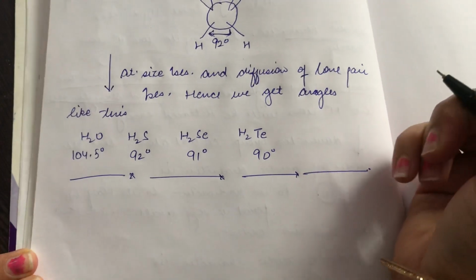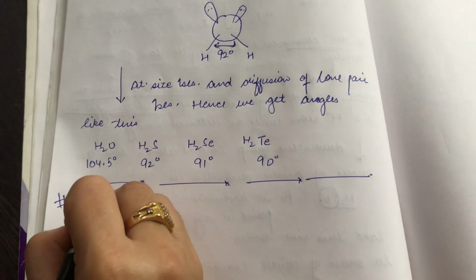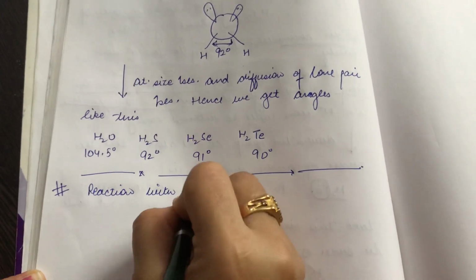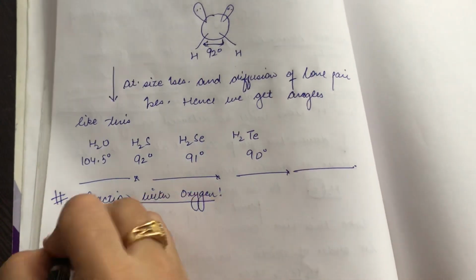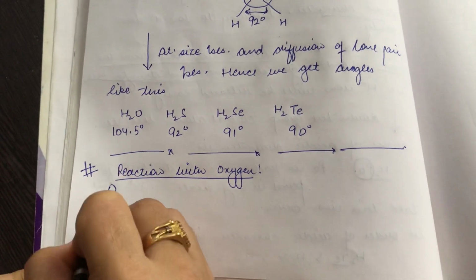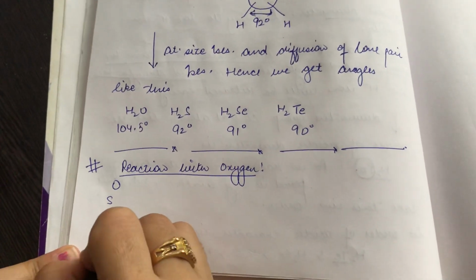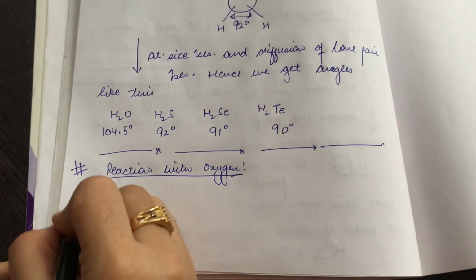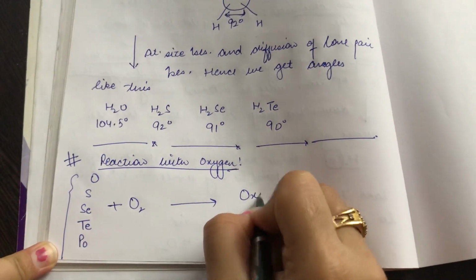From reaction with hydrogen, the next reaction we will have is reaction with oxygen. In this case we will study how the elements of group 16, that is oxygen, sulfur, selenium, tellurium and polonium, react with oxygen. All these elements react with oxygen to give oxides.